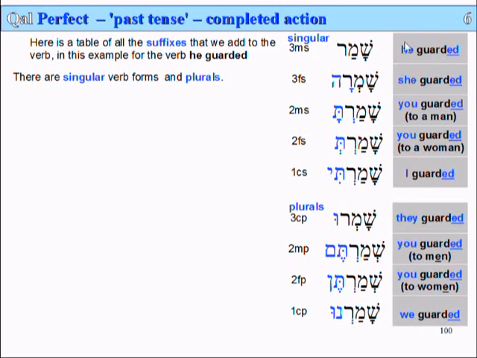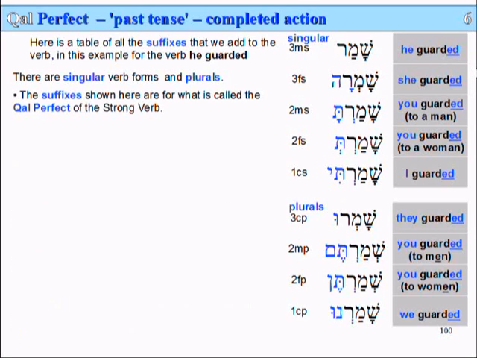So this table is one that you should have printed out. There's another slide coming up which will be ideal for printing out. So this is a little bit different to English, but you're going to come across this in every sentence, more or less. There's almost a verb in every sentence usually, and you'll come across this all the time.